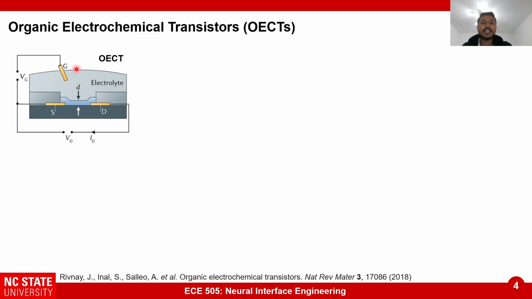And then you can use a gate electrode, which most commonly is an AgCl pellet. And with the circuitry here, you can actually incorporate or dope the polymers here with the ions, and then you can tune the conductivity of the channel and get the transport characteristics out.